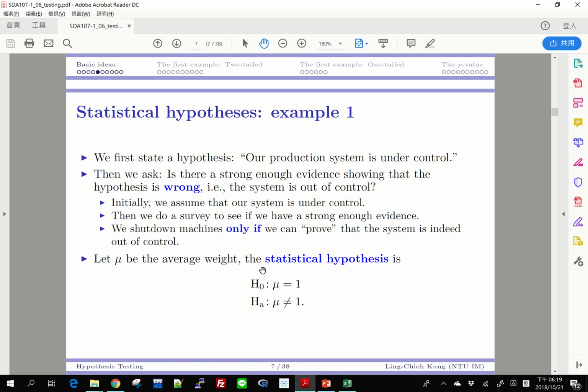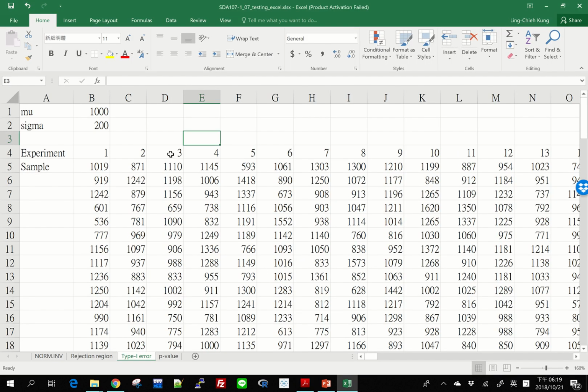The whole thing that we are constructing is a system that when we reject H0, we control its error probability, the type 1 error probability. I'm going to use this experiment to try to convince you that we are really controlling that type 1 error probability.